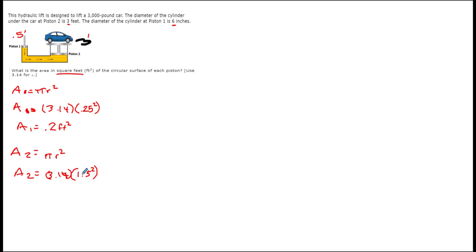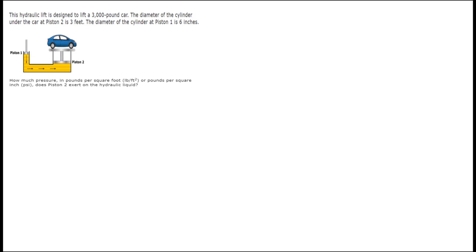And 3.14 times 1.5 squared is 7.065, so let's just say 7 feet squared. So the area of piston 1 is 0.2 feet squared, and the area of piston 2 is 7 feet squared.